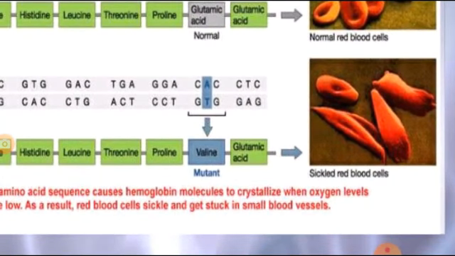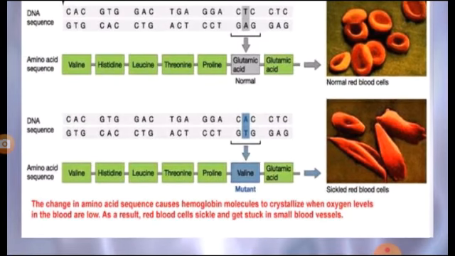So the sickle erythrocytes are destroyed more rapidly than normal ones, leading to anemia. Those who have sickle cells generally suffer from anemia, and this disease is controlled by a single pair of alleles, HbA.